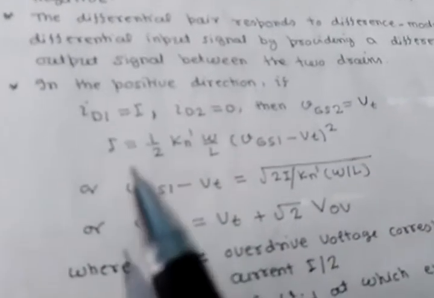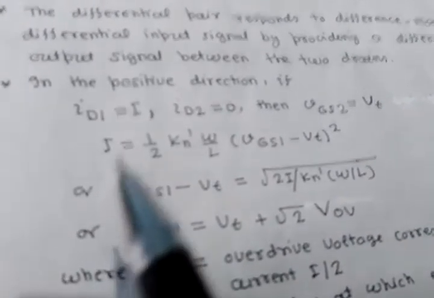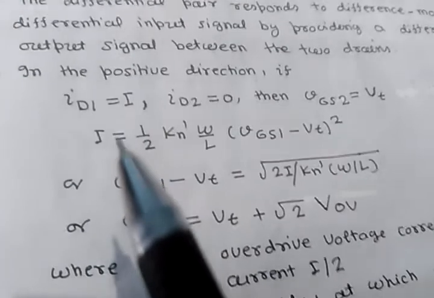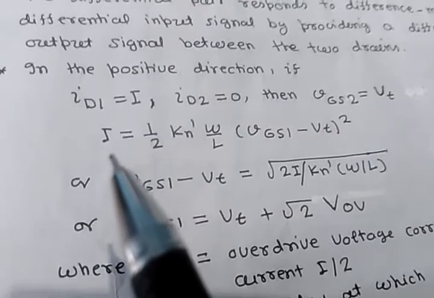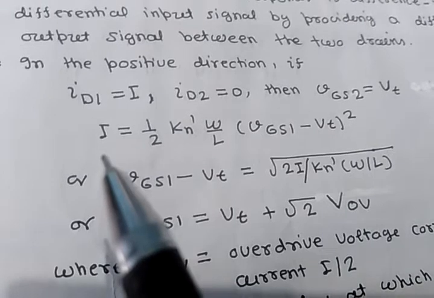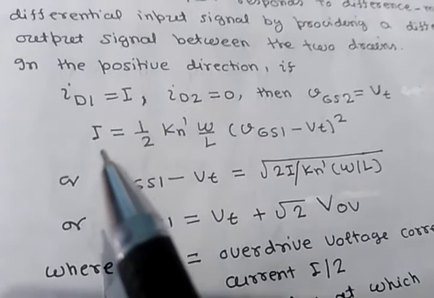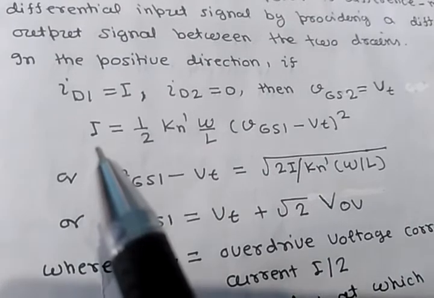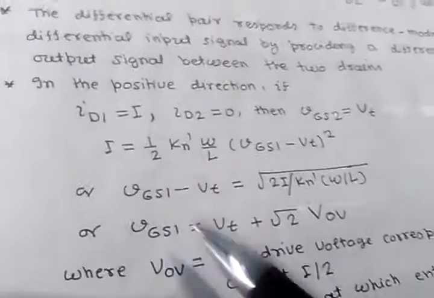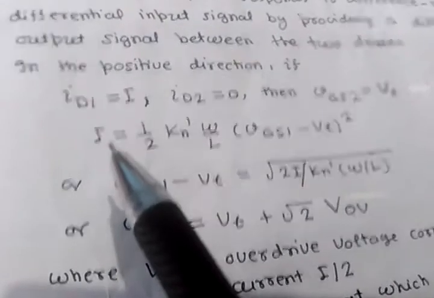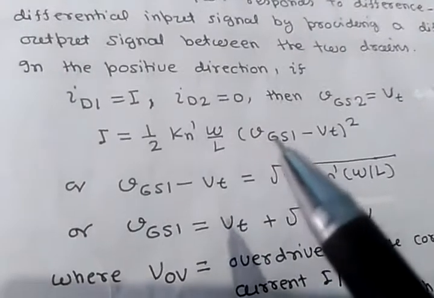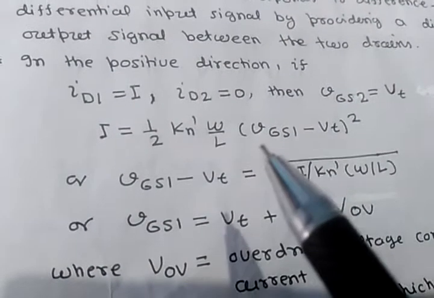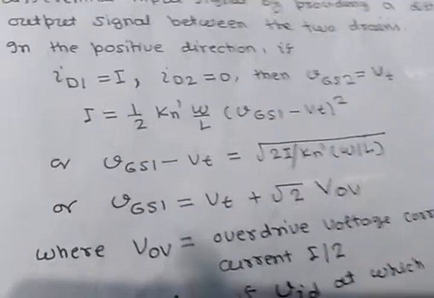Now consider ID1. In this case, the total drain current is I because the entire bias current is flowing through transistor Q1. So ID1 will be I. The gate to source voltage we will write as VGS1.